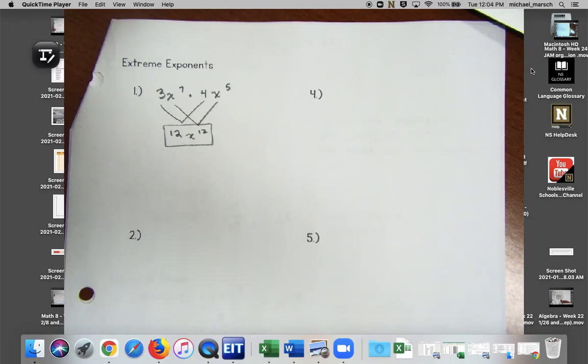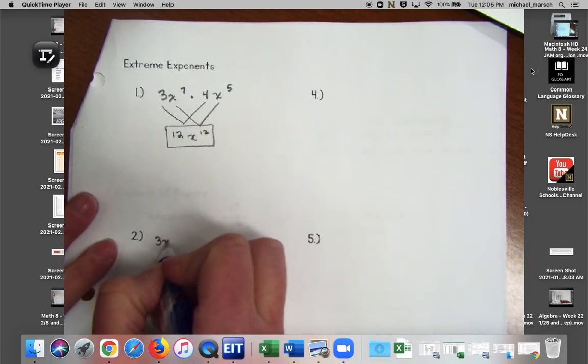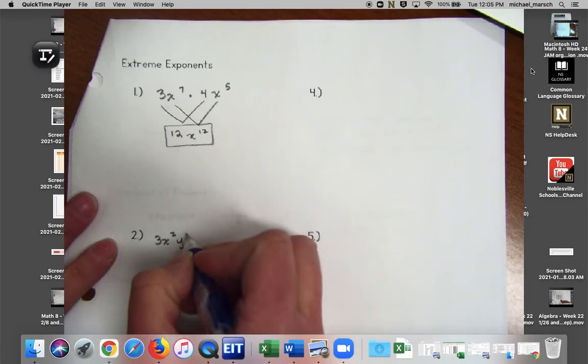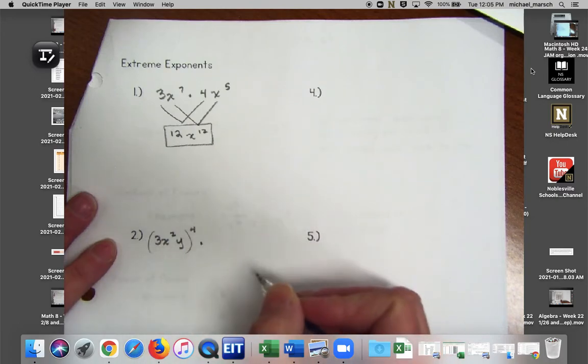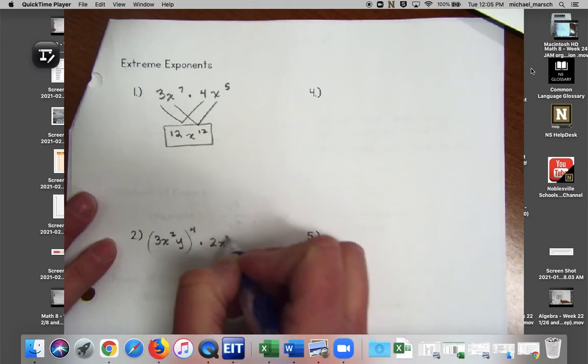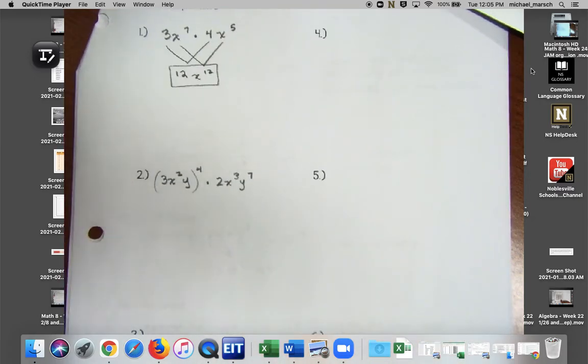But I like the way you were thinking, Ben. If we had parentheses, you would have been exactly right. That would have been really extreme. Okay, let's do the second one. 3x squared y to the 4th, so this is what you're thinking about here, Ben, times 2x to the 3rd y to the 7th. Extreme exponents.